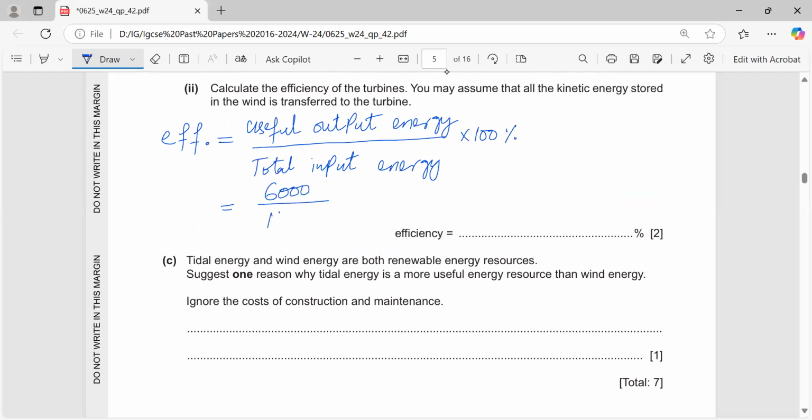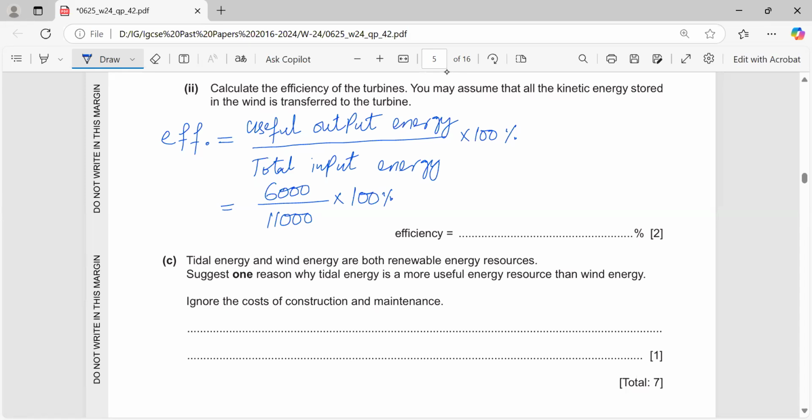So 6000 over 11,000. Many times I have told you that whenever we are calculating the efficiency, the numerator magnitude is smaller and the denominator magnitude is bigger. The reason for that is there is not a single machine or device invented or made which is 100% efficient. It is an ideal approach that some device is considered to be 100% efficient.